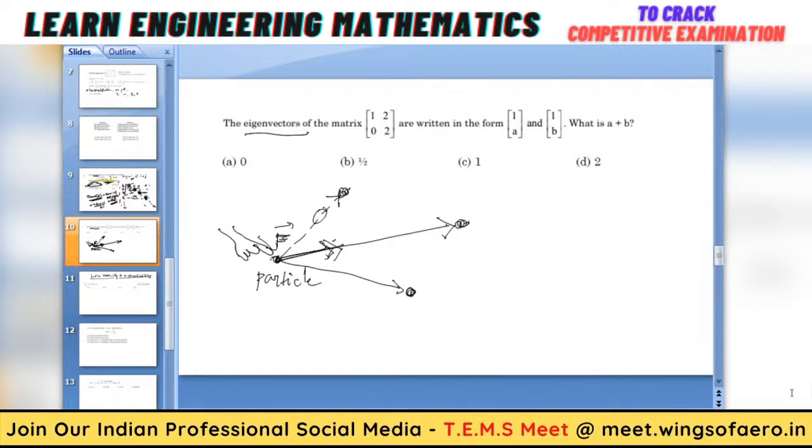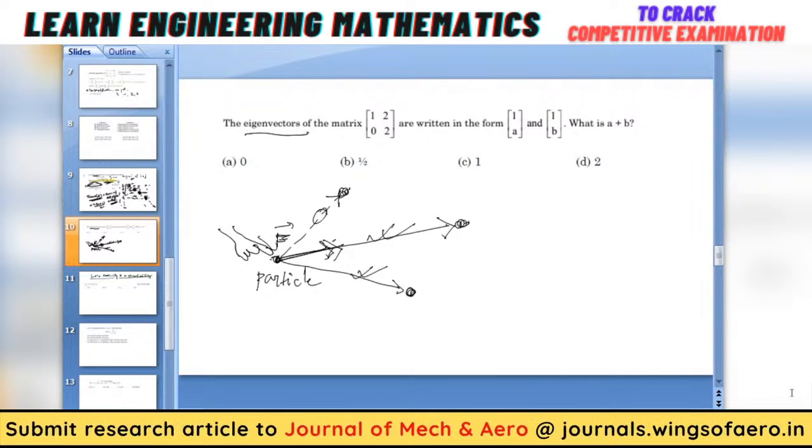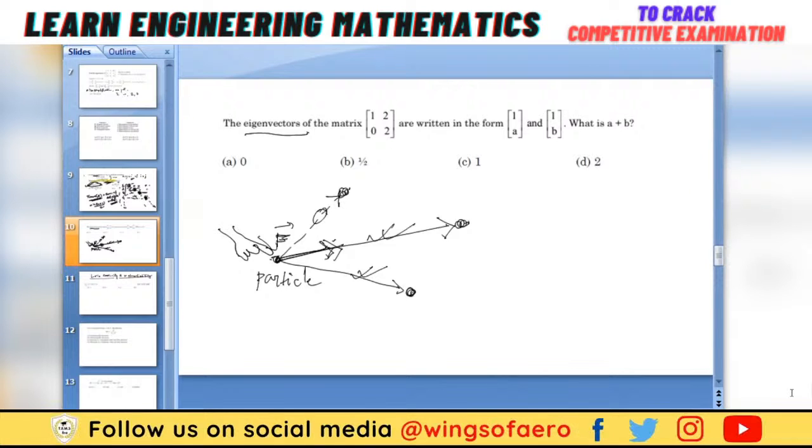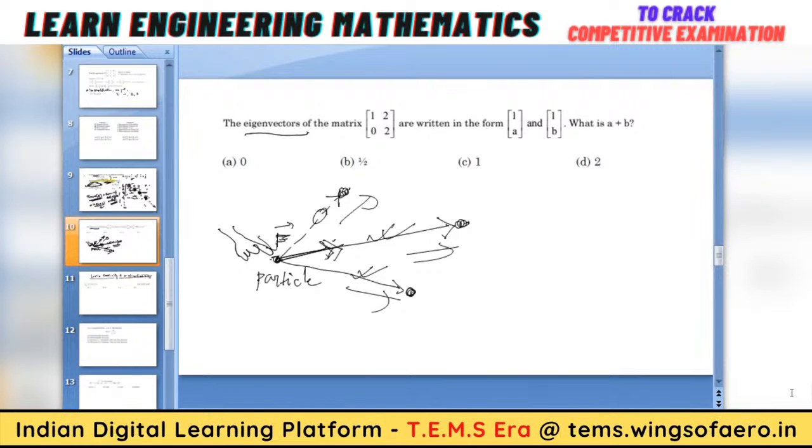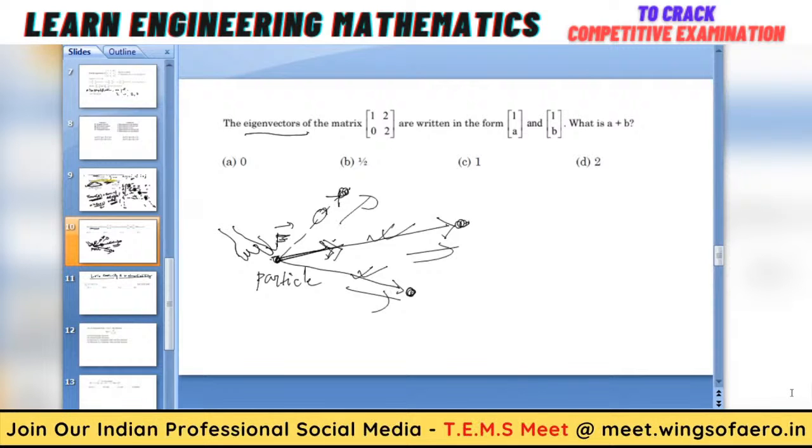After applying the force, I don't know which direction the particle will go. The particle may go to this direction, or this direction, or this direction. Always remember, the eigenvector is that vector whose direction will not change after applying the force.